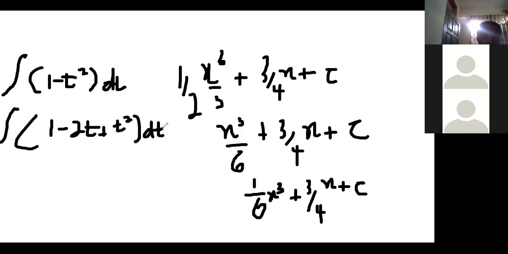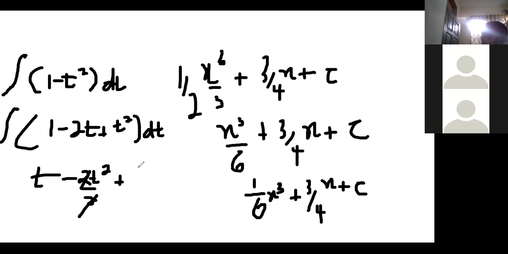Now we have this, then we can integrate. Integrating 1 with respect to t will give me t. Minus, when I integrate this, that will be 2t squared all over 2, so the 2 and 2 will cancel.